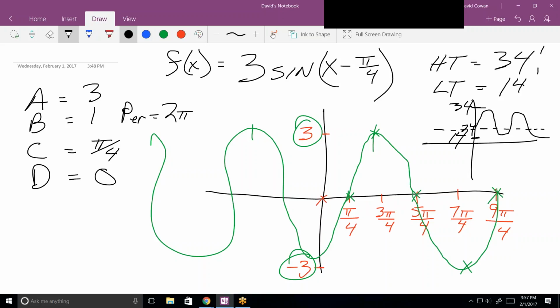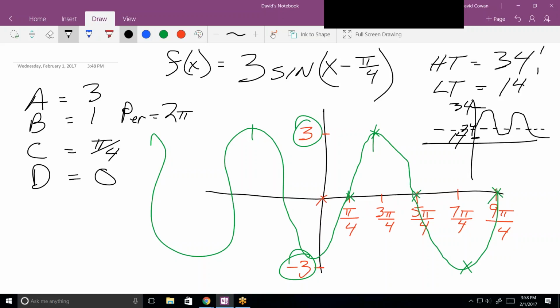When you breathe out fully, your lungs only have 2 gallons of air left. What's the amplitude? Well, it's the maximum minus the minimum divided by 2. What's the vertical shift? It's the maximum plus the minimum divided by 2. So whenever they give you word problems, it's really rather easy to solve for A and D.